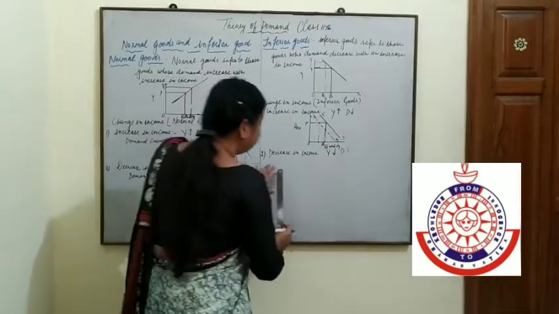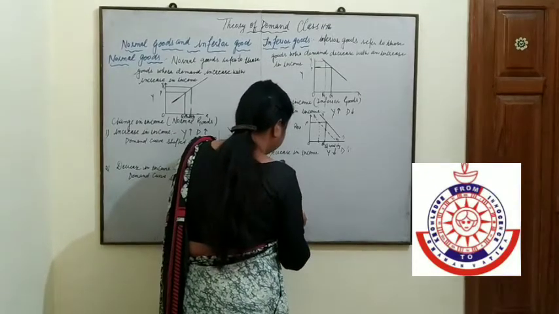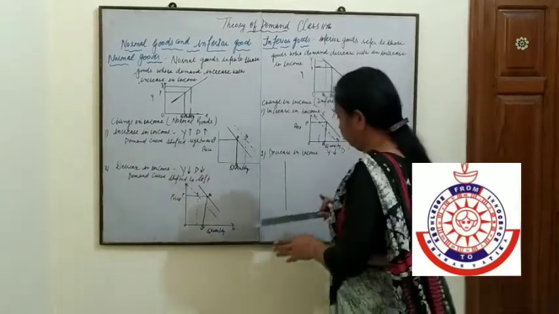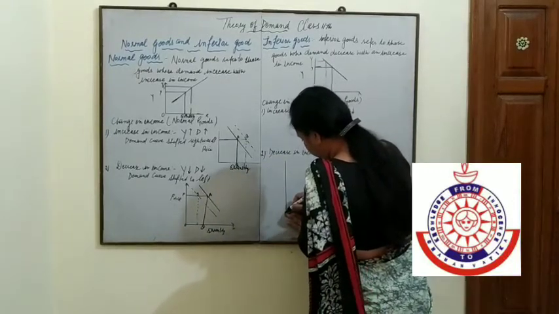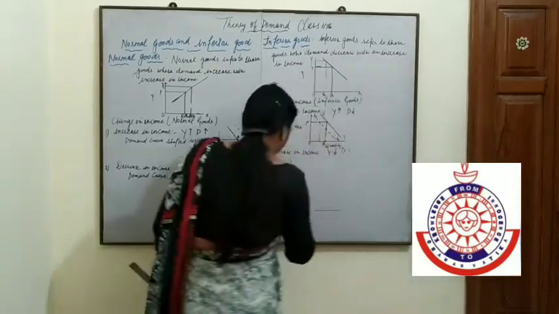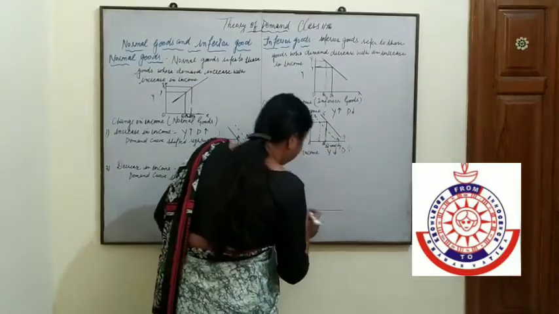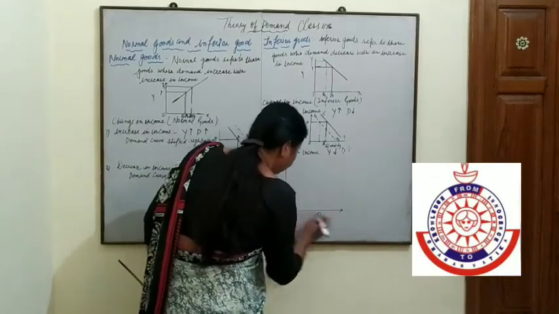Now we are purchasing less of inferior goods. Decrease in income is also the same. Here we are taking the price and here we are taking the quantity. This is our y axis, this is our x axis.